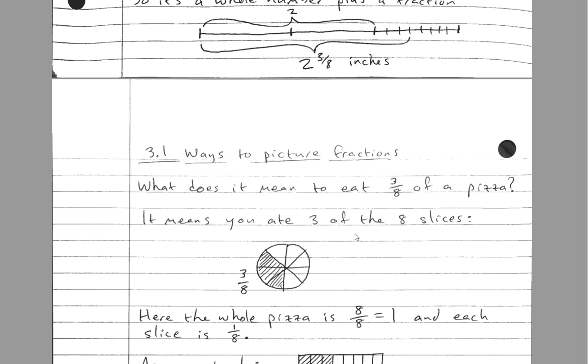For our fractions, they have to be equal slices. So if we shade in 3 of these 8 slices, the shaded part represents 3/8. The whole pizza, that's 8/8, so that's all 8 slices. That counts as 1. That's the whole thing. If you just eat 1 slice, you're eating 1/8 of this pizza.